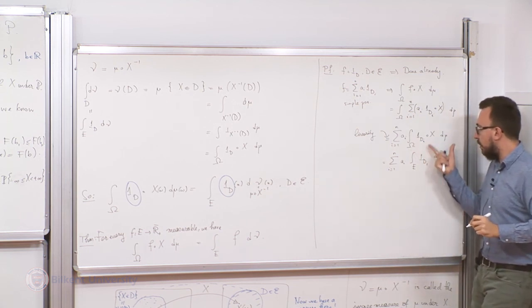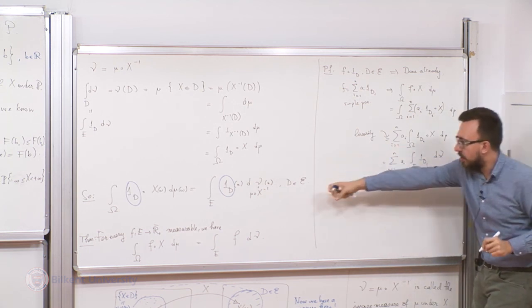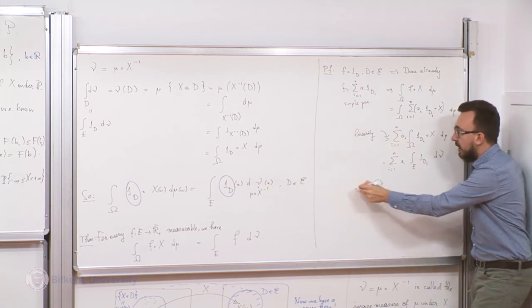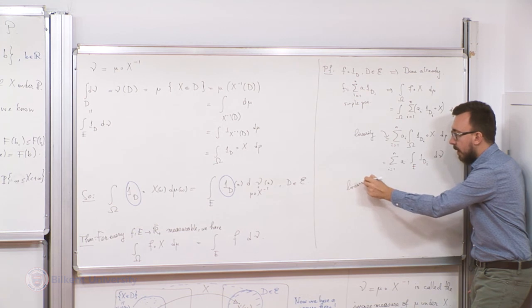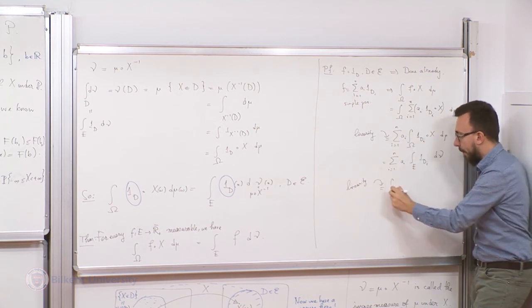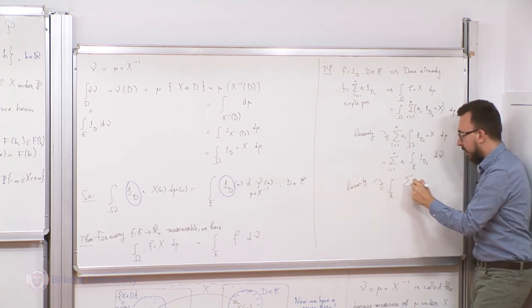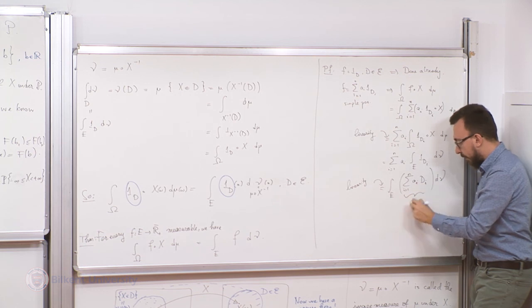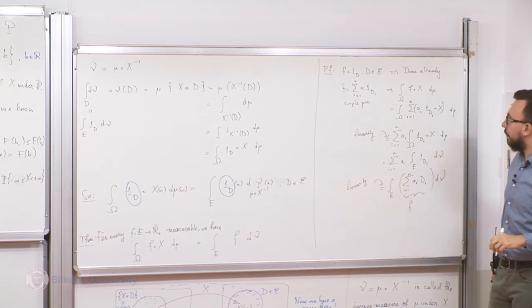So now we are using the previous step, the thing that we just checked. And if we use the linearity again to reswap, now it's the sum of those functions d nu, which is f. So this is f d nu.